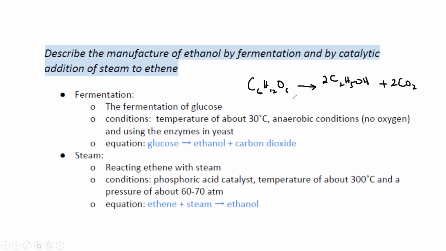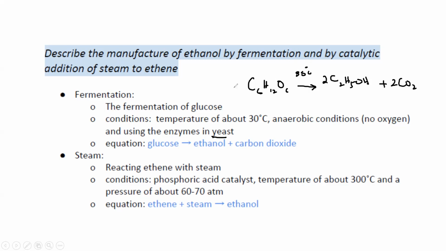So the glucose or sugar solution will decompose in the presence of enzymes, which are biological catalysts. And how do we provide these enzymes? We provide them by using yeast. And the temperature for this reaction is around 30 degrees centigrade.